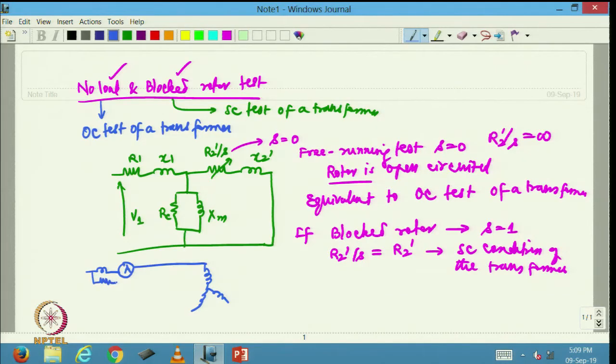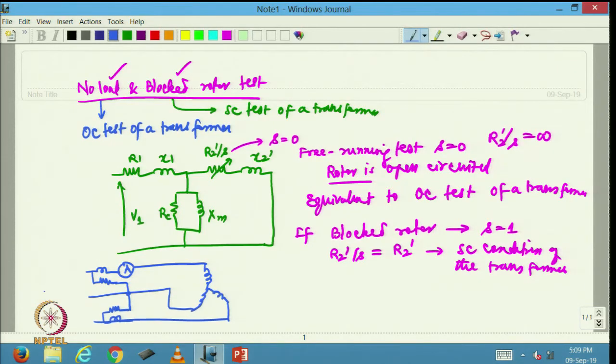I am going to use the 2 wattmeter method clearly. This is the second phase of the induction motor and this is the third phase, which will also be connected through another current coil of the wattmeter. This is the pressure coil. So, the pressure coils are connected together in one of the phases.